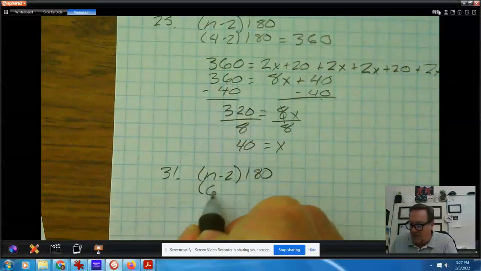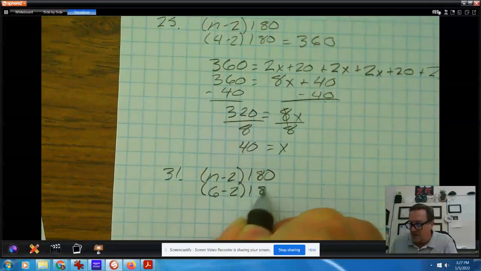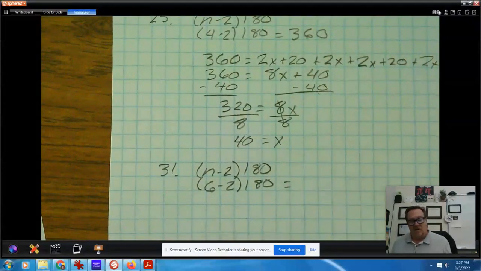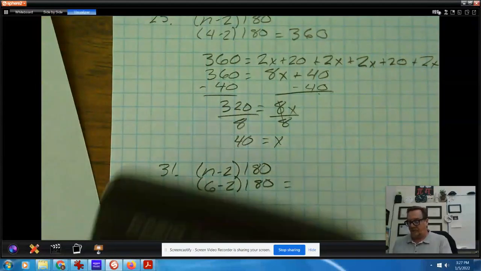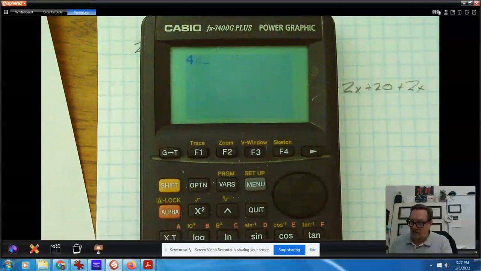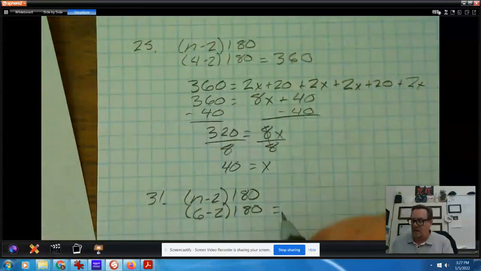In this case, our n is 6. So that's 6 minus 2 times 180. 6 minus 2 is 4. 4 times 180 is going to give us 720.